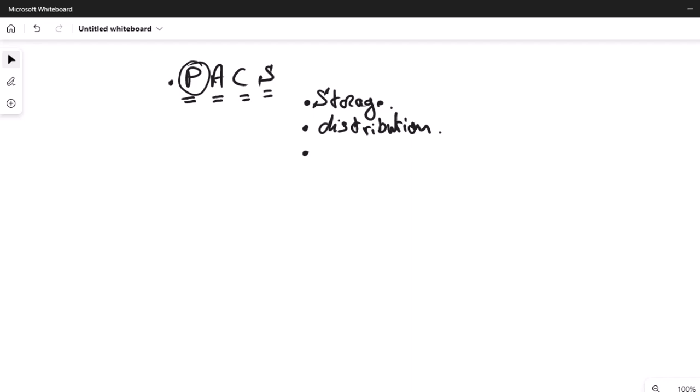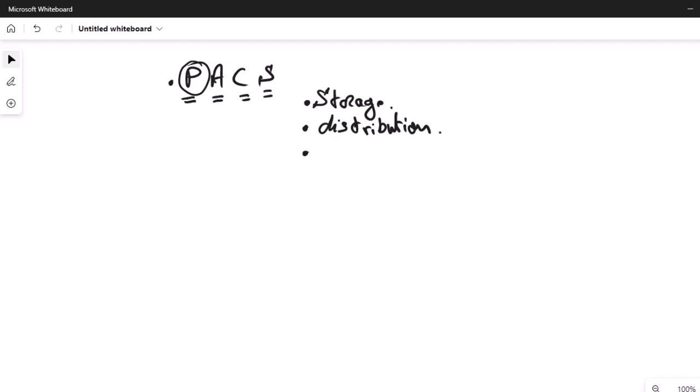which means that this system can communicate with other systems. It can actually send and receive images. That's why distribution is a basic and a key function that should exist in any PACS.